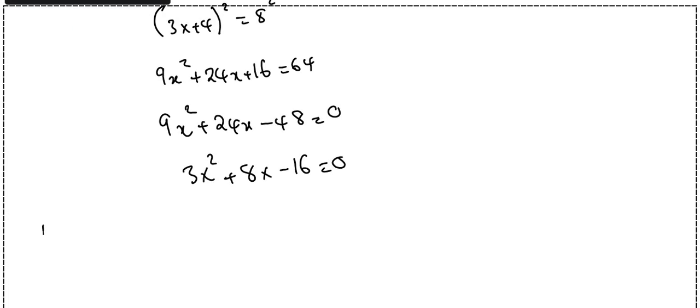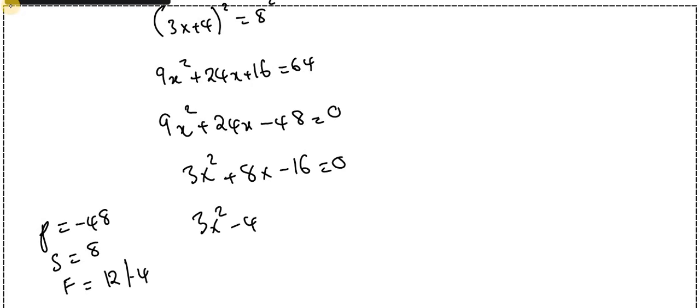From here, the product is negative 48. That's what you have. The sum is 8. So the factors here will just be 12 and negative 4. So that we have 3x squared, then minus 4x, then plus 12x, then minus 16 is equal to 0.